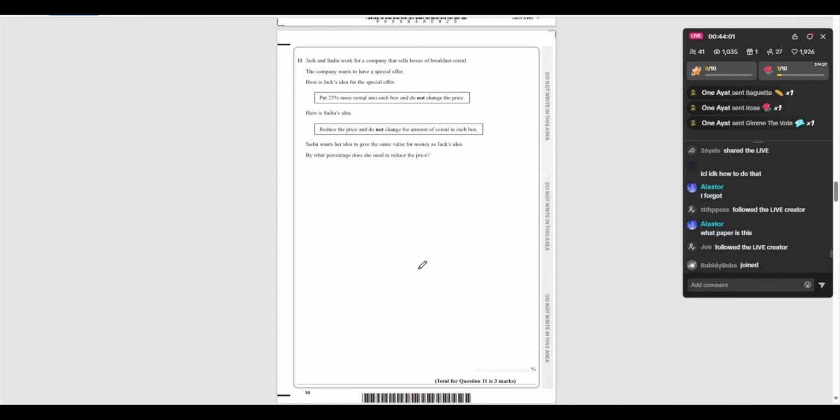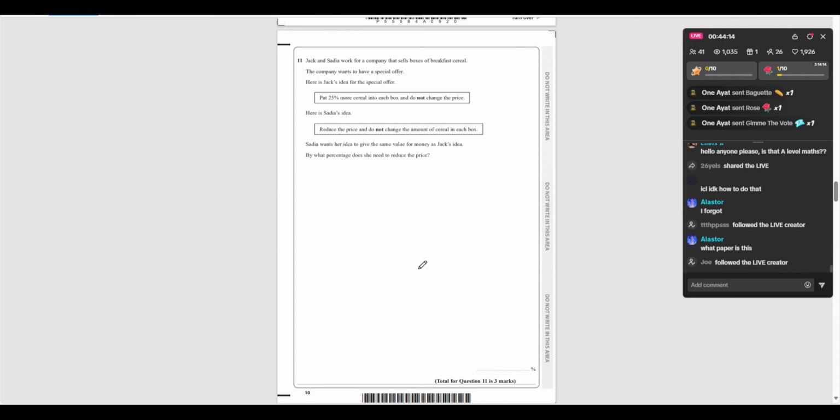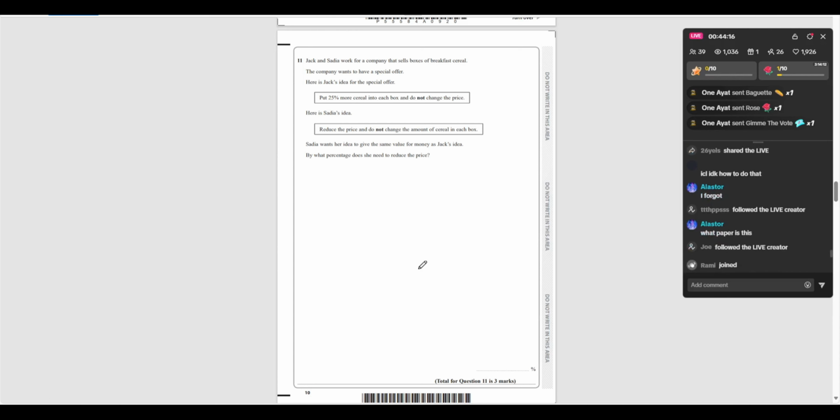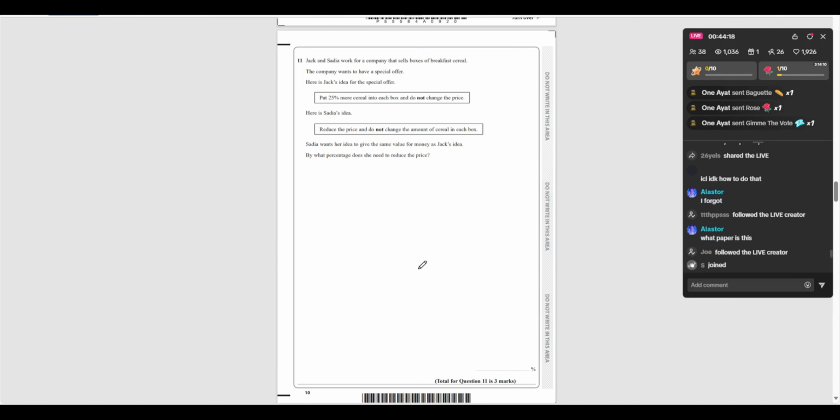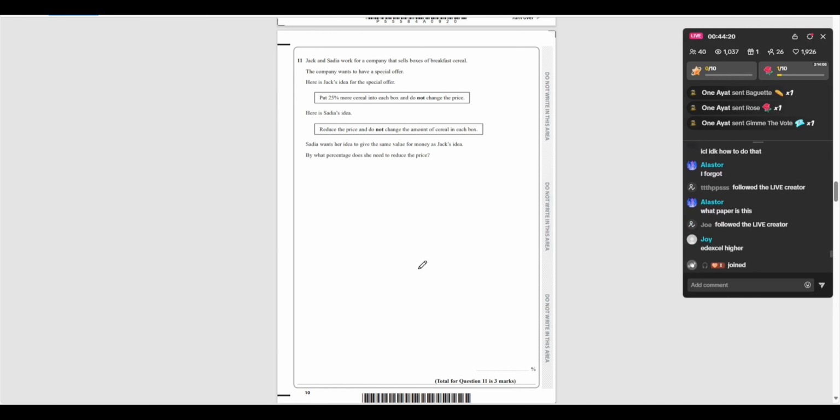Here is Sadia's idea. Reduce the price and do not change the amount of cereal in each box. Sadia wants her idea to give the same value for money as Jack's idea. What percentage does she need to reduce the price?